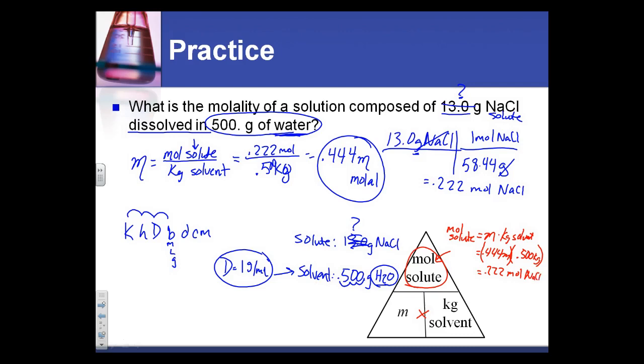And then I could just convert moles to grams using molar mass in the same sort of way that I did up here. And the same thing could be said if I went to work a problem that was in kilograms of solvent. Again, the biggest key to success is identifying your solute and your solvent, and it makes those problems much less confusing. But they're pretty simple problems, even though I've talked about them for quite a few minutes here.